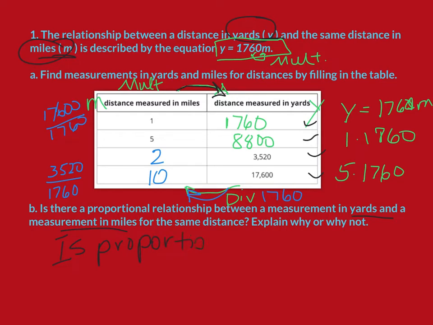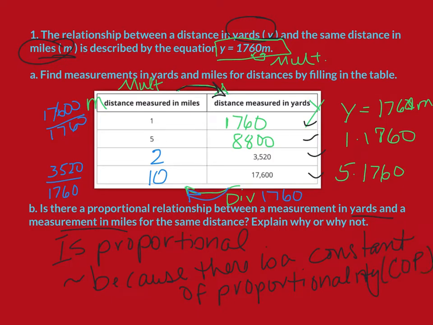So again, it is proportional, and the reason is because there is a constant of proportionality, and I know a lot of you like to just refer to that now as the COP. And the COP in this particular case we know is 1760 because that's what they're all multiplied by.